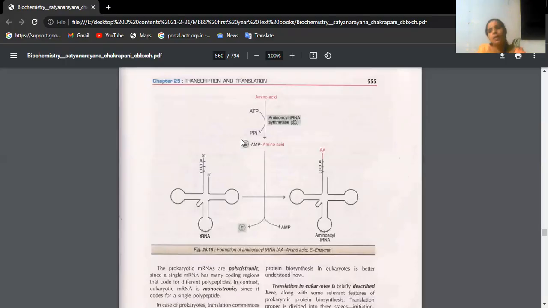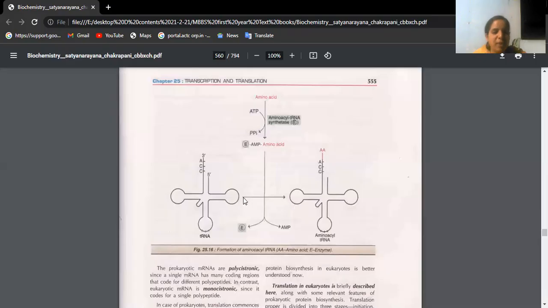Here ATP is releasing the high energy phosphate, that is PPi, in the presence of aminoacyl tRNA synthetase. So this activated amino acid, that is AMP amino acid, is now attached to the tRNA. It is loaded now so that it can go and form a chain of polypeptide.